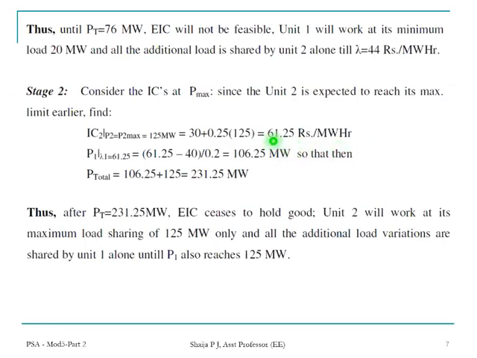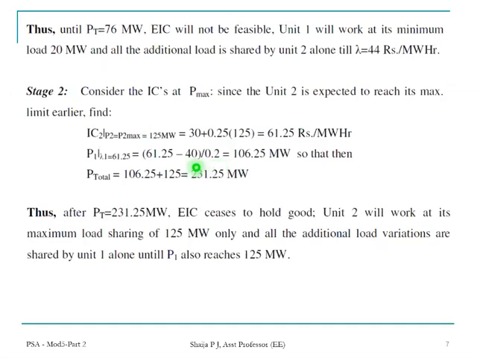So corresponding to this lambda of P2 as 125 megawatt, what is the corresponding P1? That is the next step. So P1 corresponding to a lambda 1 of 61.25 will be 61.25 minus 40 divided by 0.2.